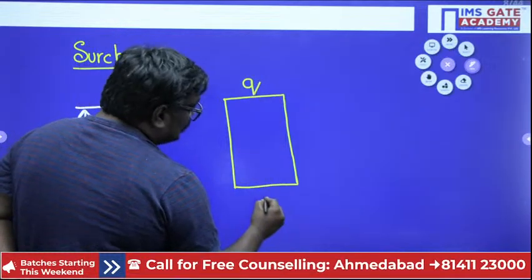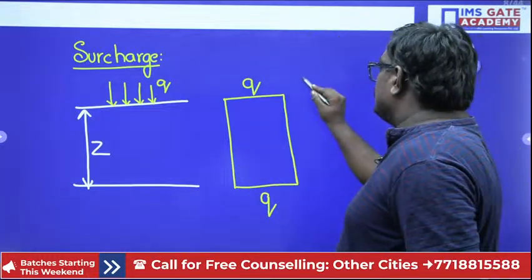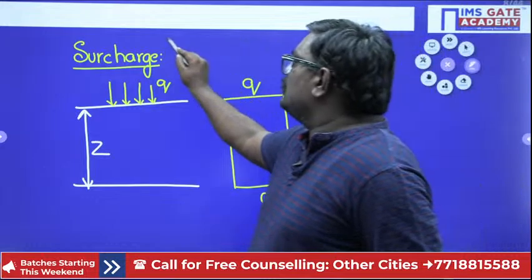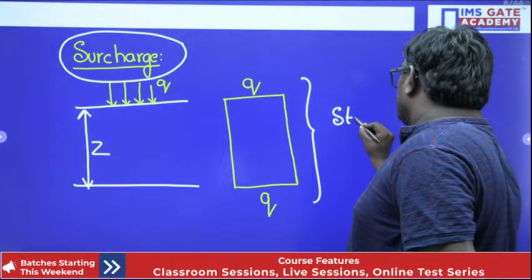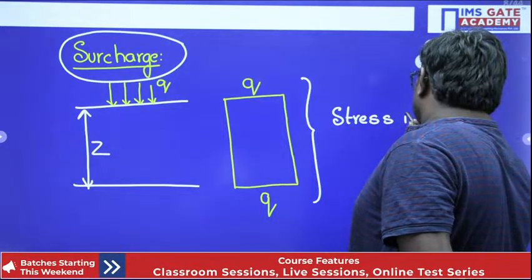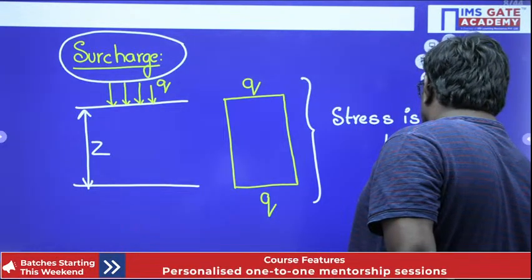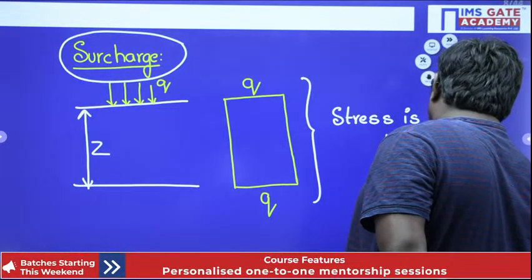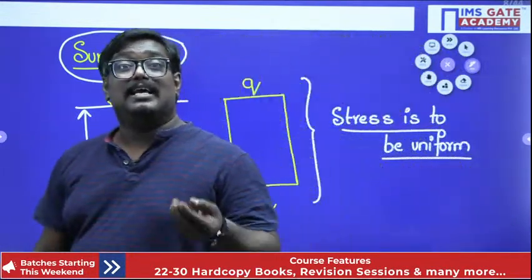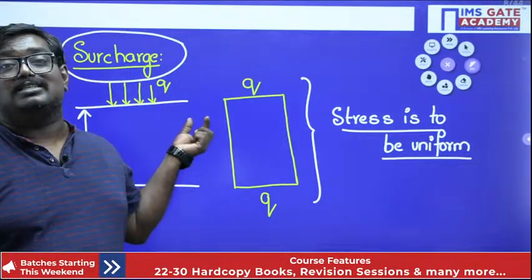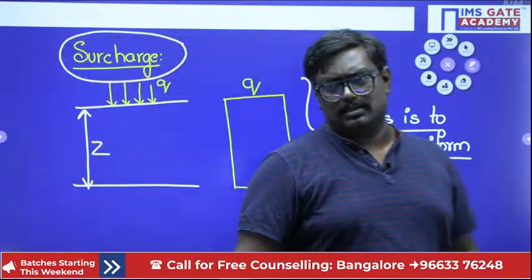Here also it is Q, here also it is Q. So my dear students, you should understand that in case of surcharge, the stress is going to be uniform. In the previous case, the stress varied hydrostatically whenever there was a gamma, but in case of surcharge, the stress is going to be uniform. This is a very, very important point, my dear student.